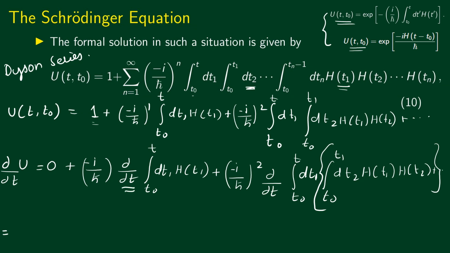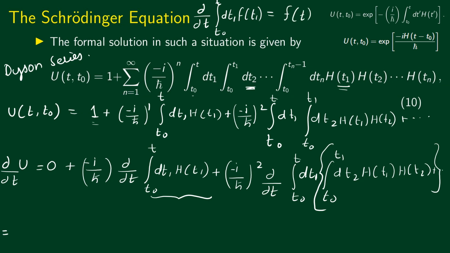We talked about the fundamental theorem of calculus, which said that if you have something like this, the partial time derivative of the integral t0 to t dt1 f of t1, this is simply equal to f of t, which means that the integration vanishes, and t1 is replaced by t.